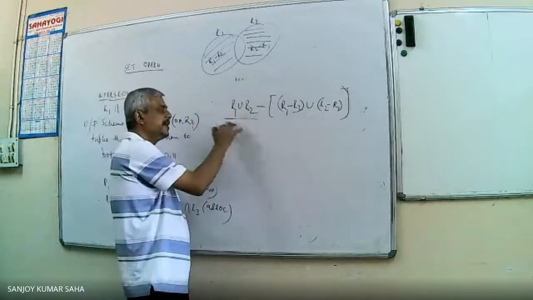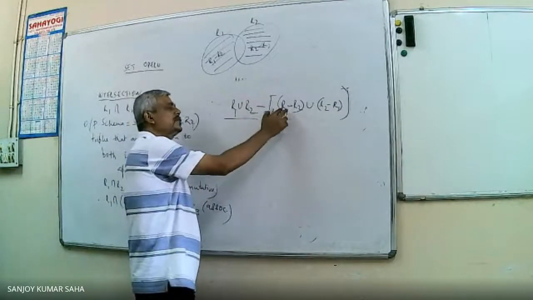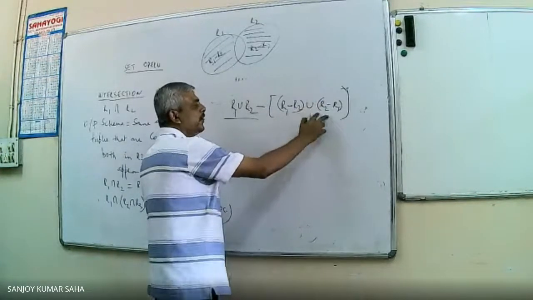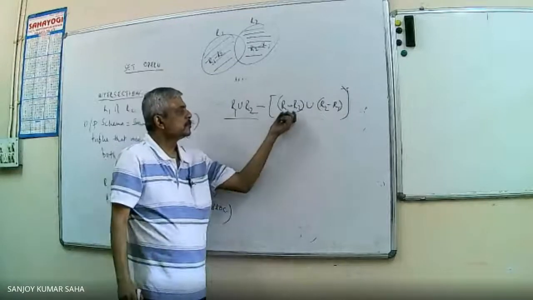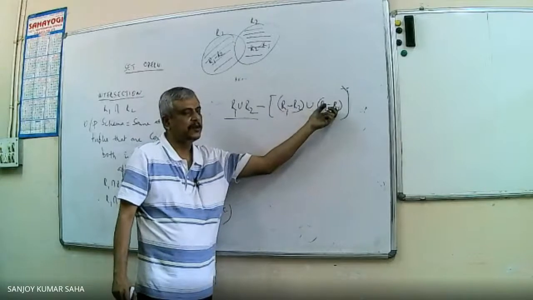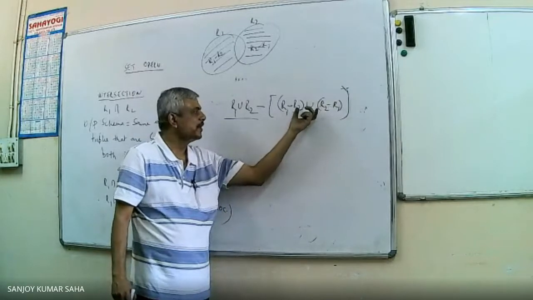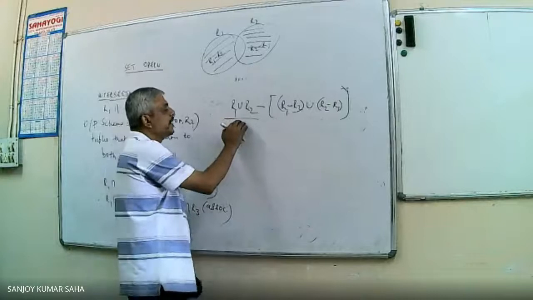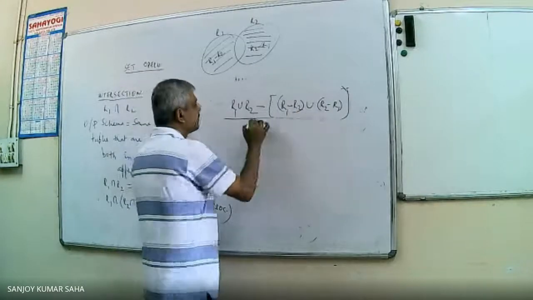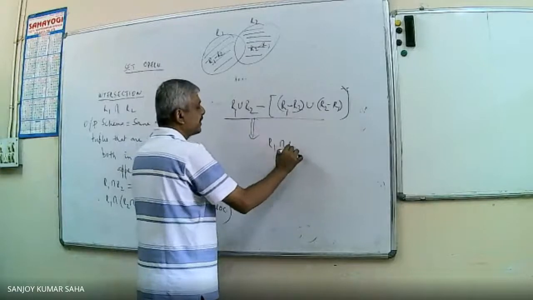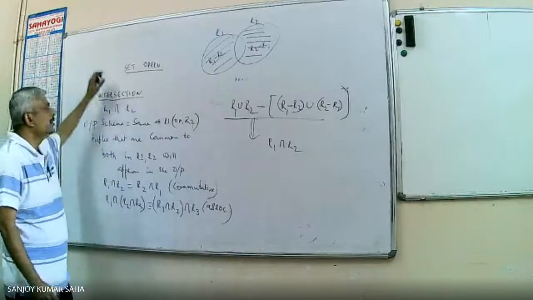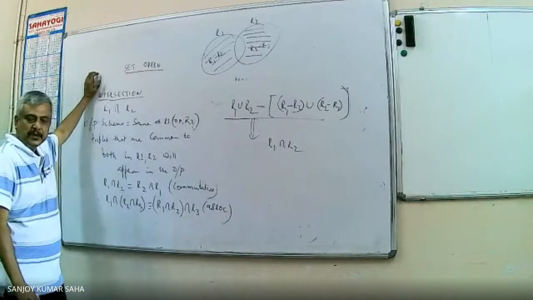So this is the union of the things which are present only in R1, not in R2, and the things which are present only in R2, not in R1. Those are not part of the intersection, so from the union, that part is removed. So this gives us R1 intersection R2. So the intersection operation can be derived from union and minus operations.